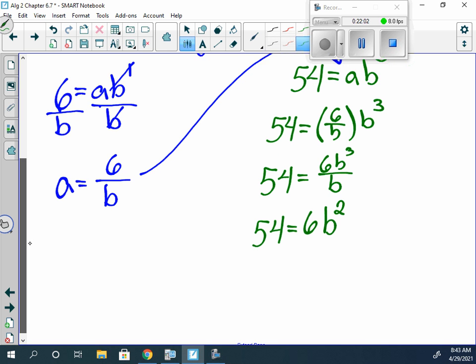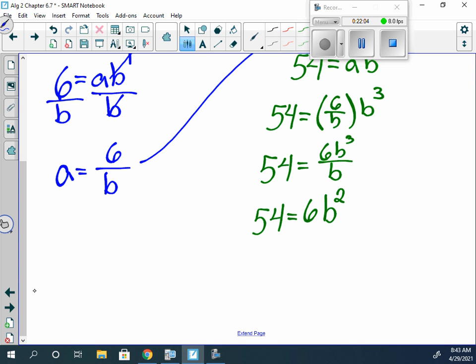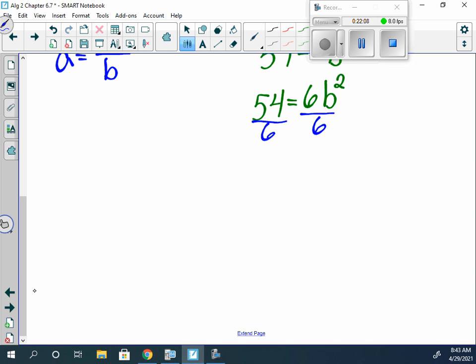Now what can we do next to solve for the value of b? Divide both sides by 6, which tells me b squared is equal to 9, and we can square root both sides. Tells me b is equal to 3.